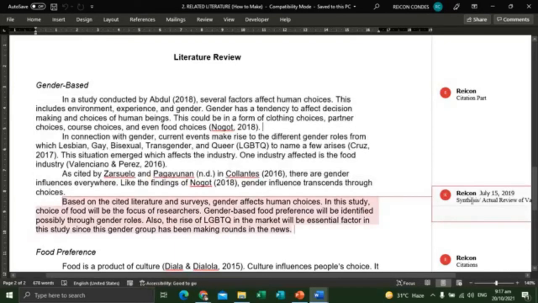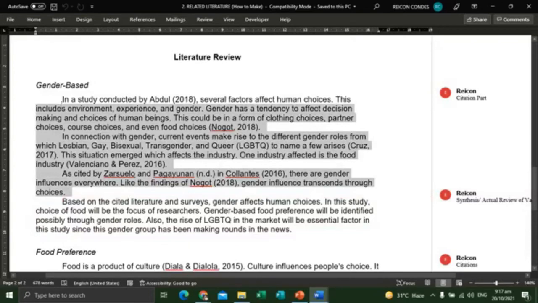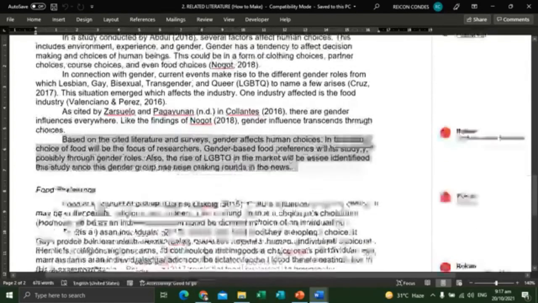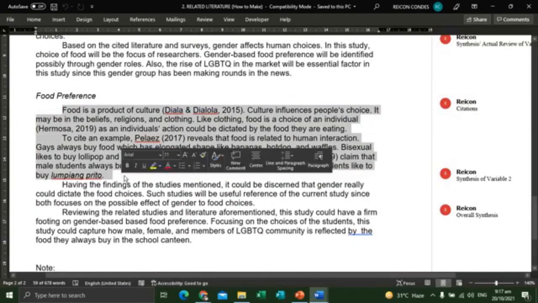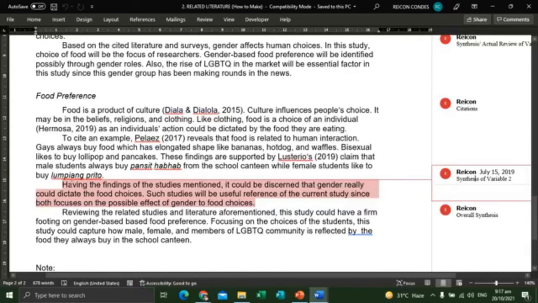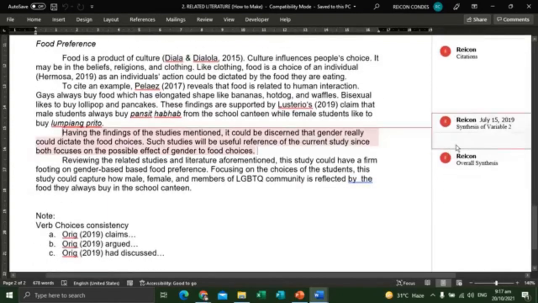And then, synthesis or actual review. Anong masasabi ninyo dito sa mga sinabi nila? We synthesize this. And then, once again, kung may another concept, ayan ulit. And then, you synthesize. Anong masasabi ninyo dito sa mga sinabi nila? And then, you provide an overall synthesis.